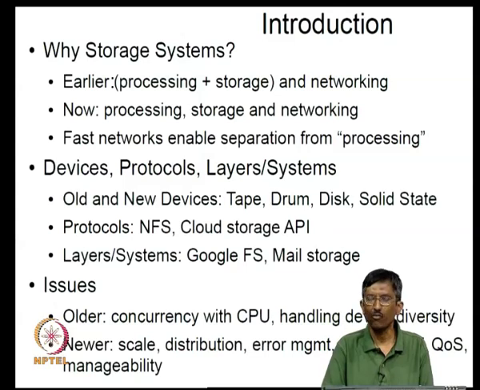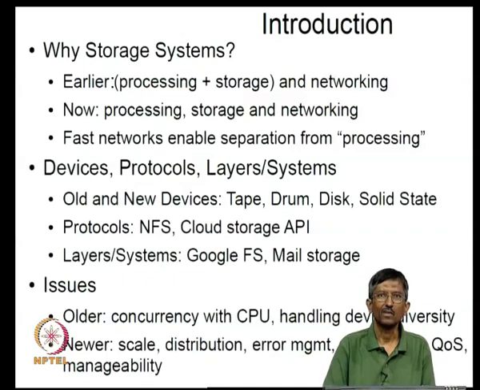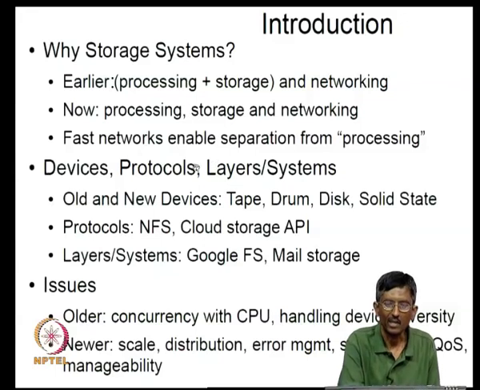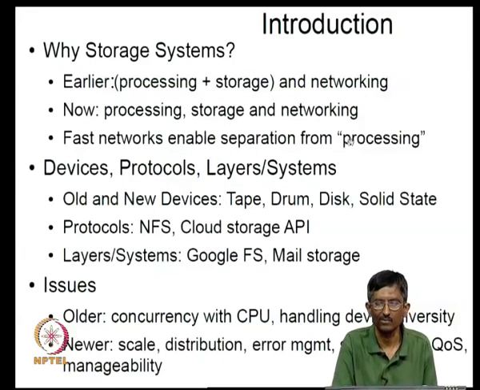Once you have fast networks, accessing data or storing data is not going to be that costly an affair. It can be done fairly efficiently, in a small amount of time. That is why these networks have enabled separation from processing. That is basically the critical issue.